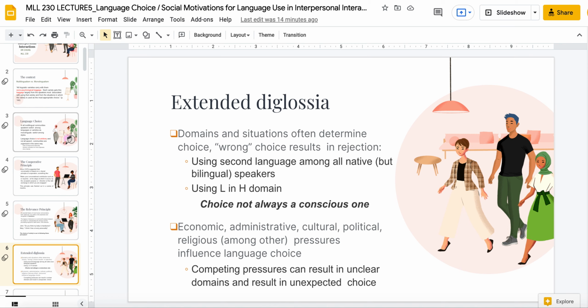And so these competing pressures can result in unclear domains and unexpected choices, because it's not always a one-to-one situation. If I'm going into a certain environment where I don't know a lot of people, I'm not really sure which language choice I'm going to use. Kind of like with the clip of Phoebe and Friends.